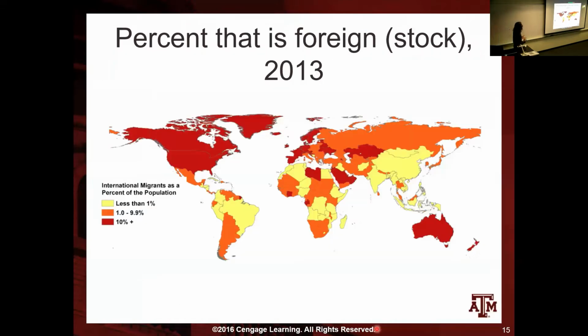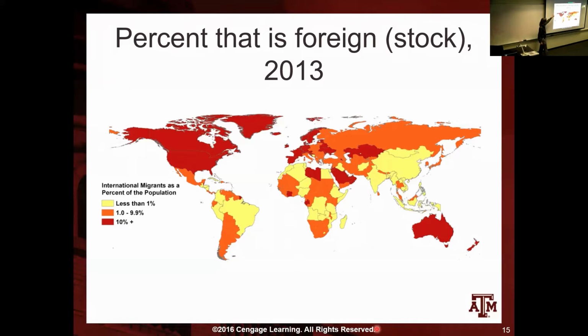Here we have information about migration. We already talked about stock and flow of migration. The stock of migration is like right now: how many immigrants do we have in this specific location? A lot of people moved into these countries in these last years and decades. Right now, after all this inflow and outflow of people, how many foreign-born people do we have in that area?